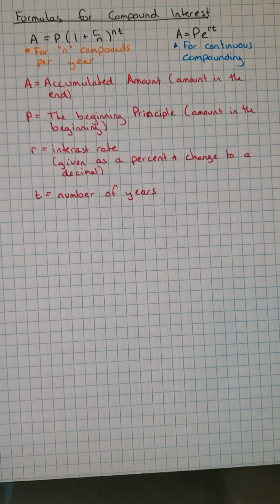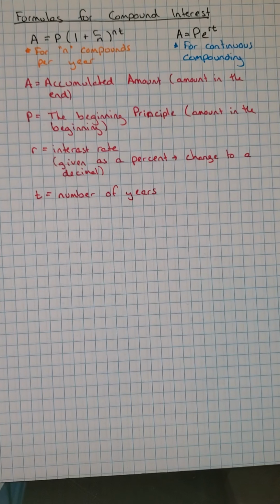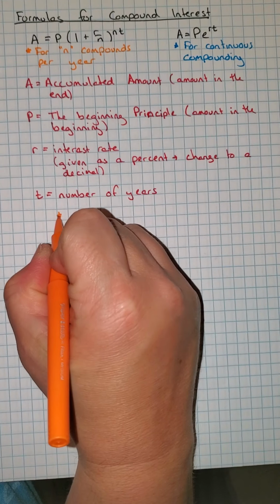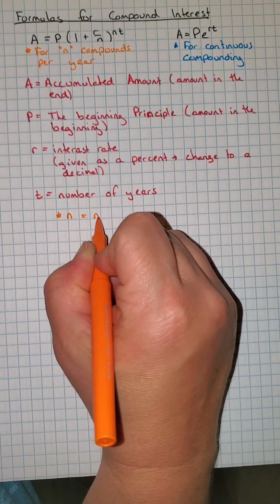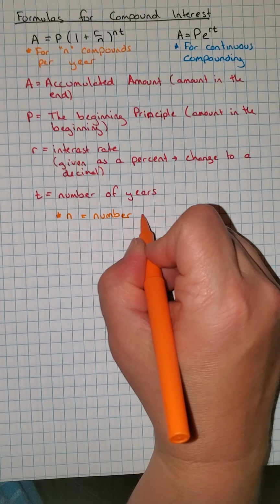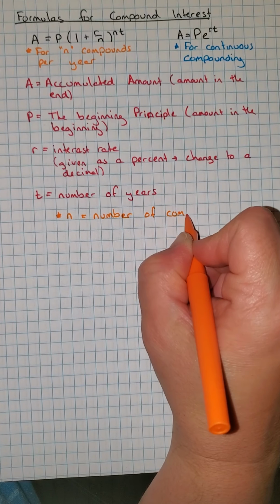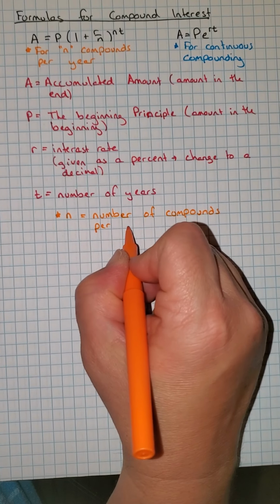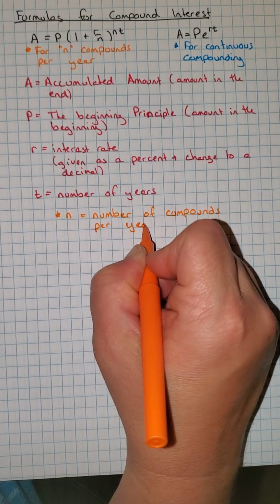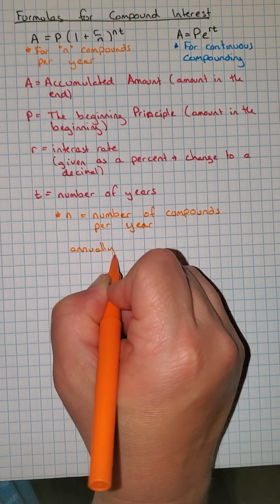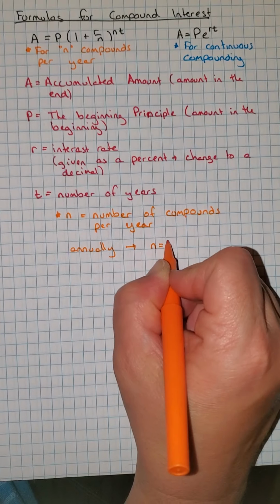Now the thing that is a little bit different is that the first one has an N. And N will be your number of compounds per year. So this one is not in PERT. Okay, so if it's annually, N is 1.